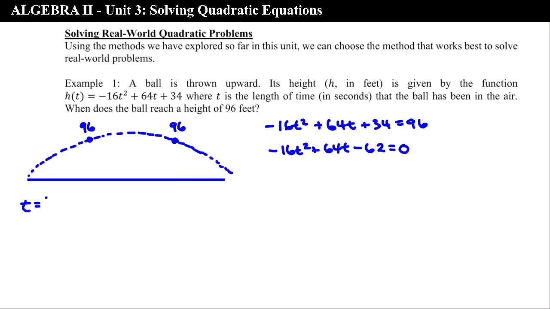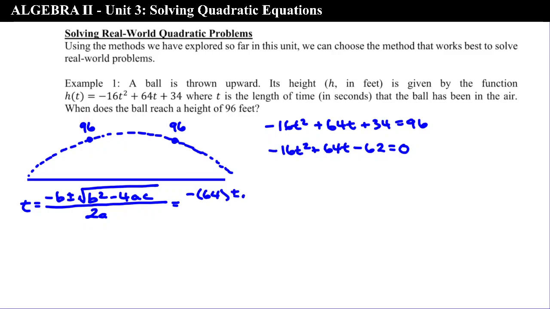So we have t equals the opposite of b plus or minus the square root of b squared minus 4ac, all over 2a. It's not a bad idea just to write the formula down first. So our opposite of b is 64.